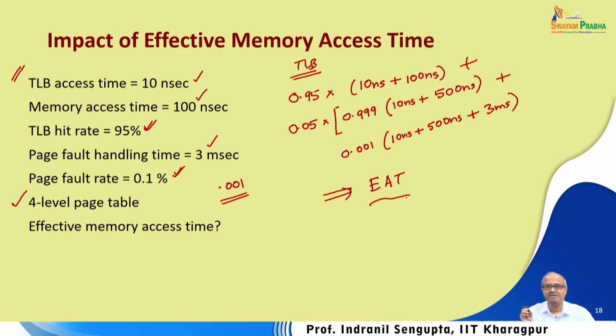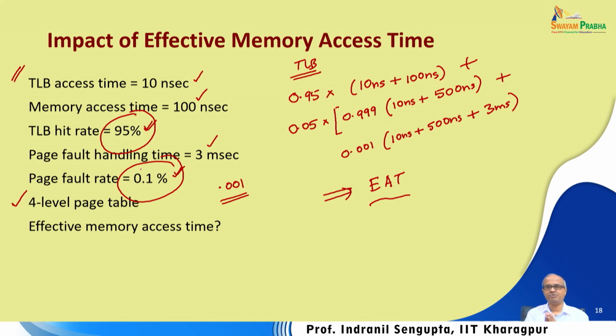So, you see, to make the effective access time as close to the memory access time as possible, you must ensure two things. TLB hit rate should be as high as possible, page fault rate should be as low as possible. Both these things are ensured by taking advantage of locality of reference and having a very good replacement algorithm in place.